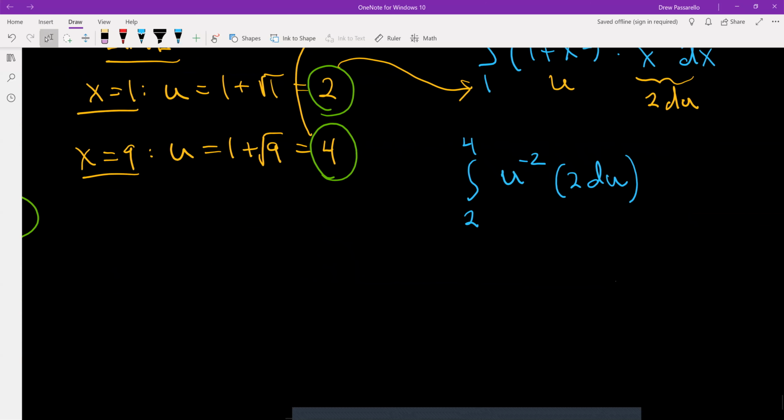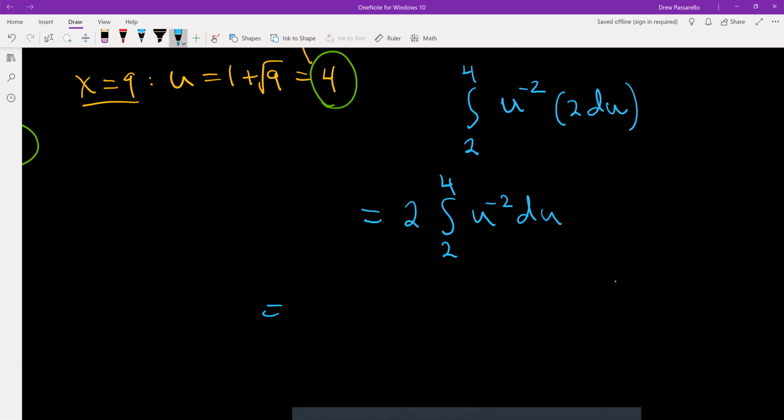Now I factor out the 2, and then integrate u to the negative 2. So that's going to be 2 times u to the negative 2 plus 1, which is negative 1.